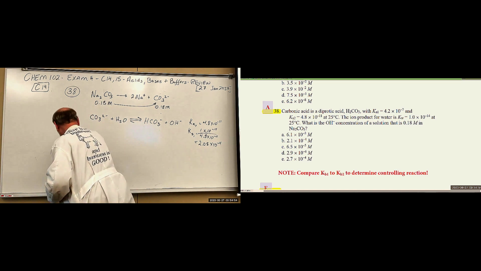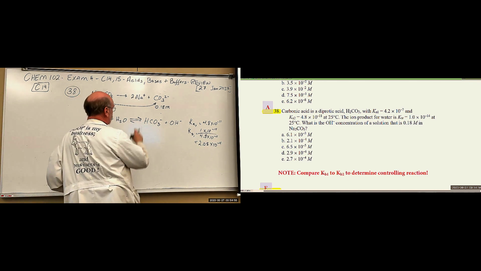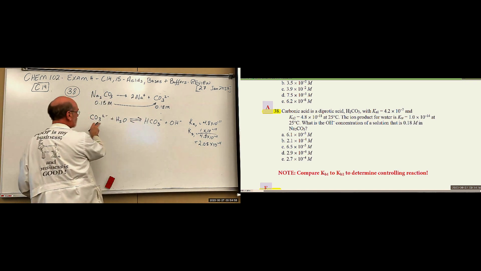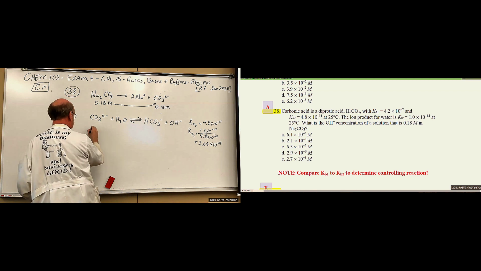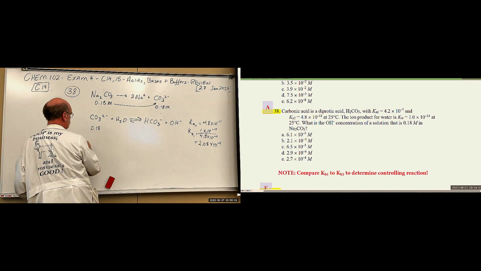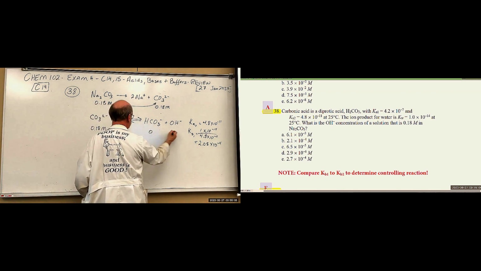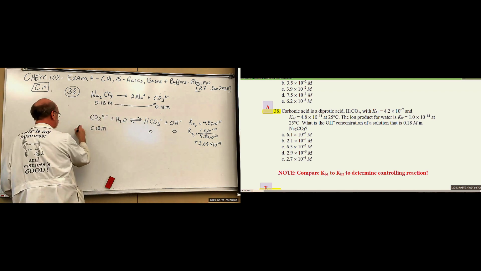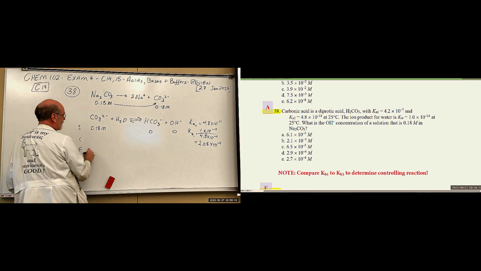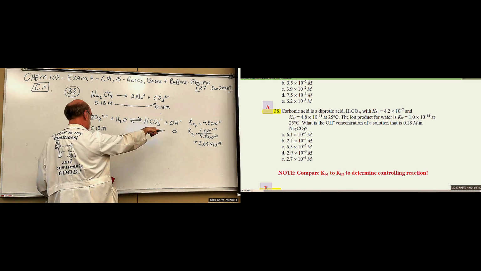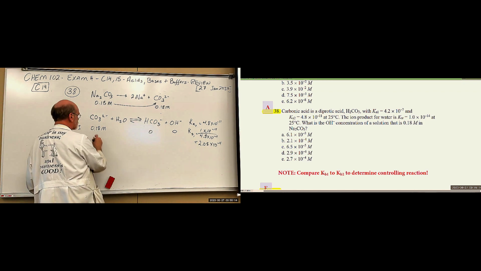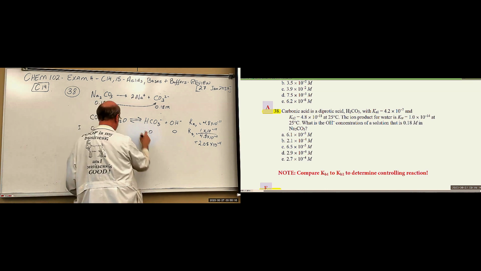All right. So if we've got 0.18 molar in this one, and we essentially have 0 here and 0 there, then the change is going to be in that direction. We're going to lose some of this, and for every one of these, we get one of those.